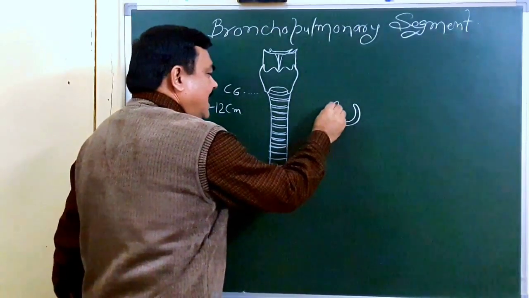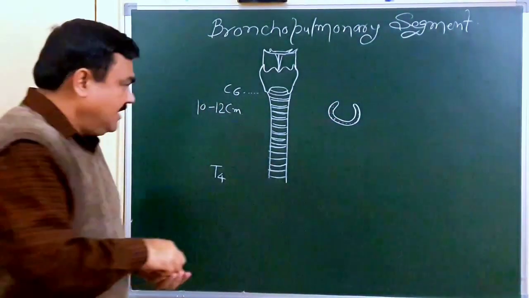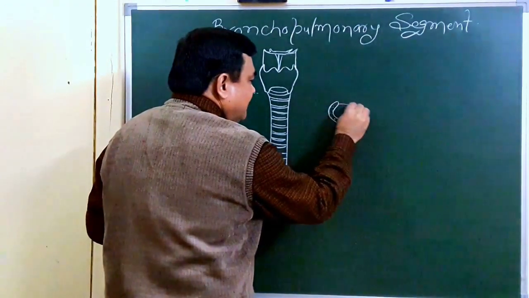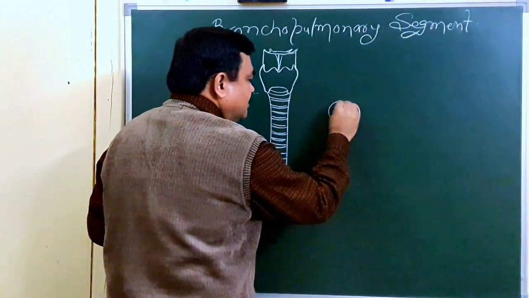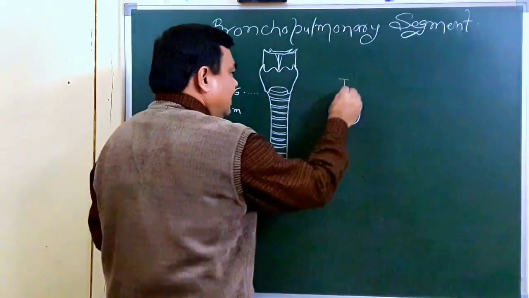This is made up of hyaline cartilage. And here, the trachealis muscle is present posteriorly. This muscle is the trachealis, an involuntary muscle.